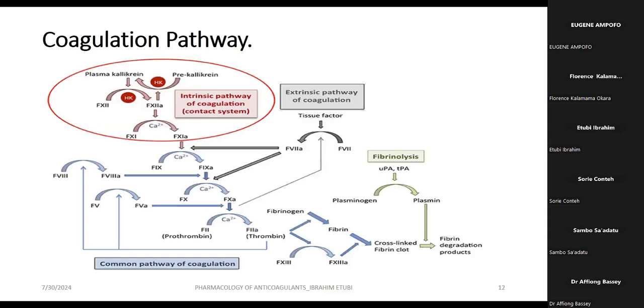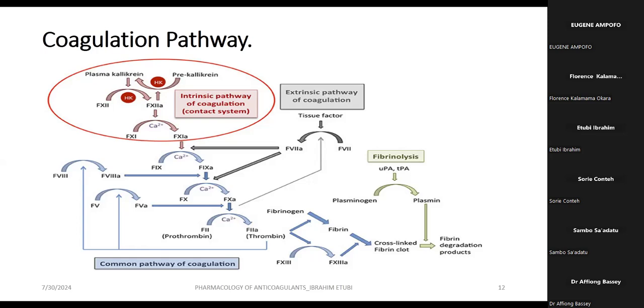So recapping now the pathways for coagulation, we recall that there are 3 major pathways. We have the intrinsic pathway, the extrinsic pathway, and the common pathway where the intrinsic and extrinsic can meet. The extrinsic pathway is usually when there's contact with tissue factor, and the process starts with factor 7 being activated to 7 activated, and then 7 activated in the presence of factor 9 and 9 activated, and calcium will now activate factor 10 to 10 activated.